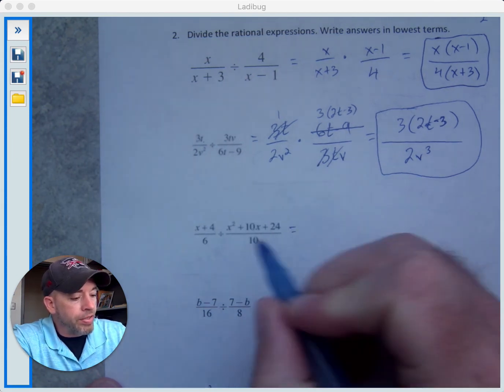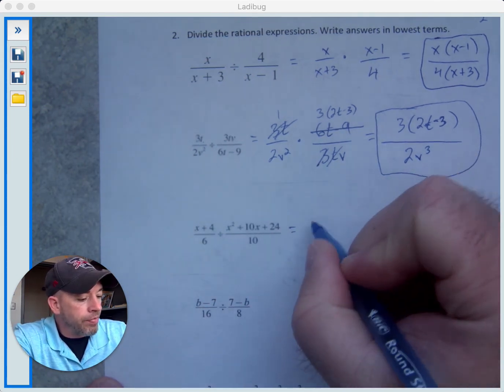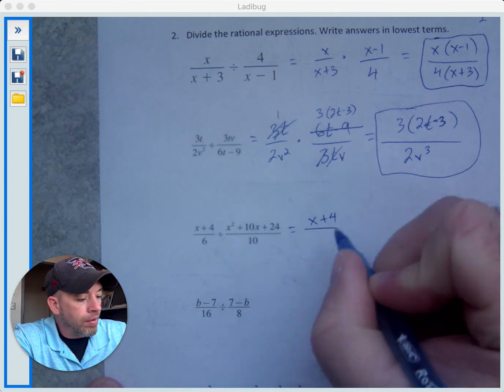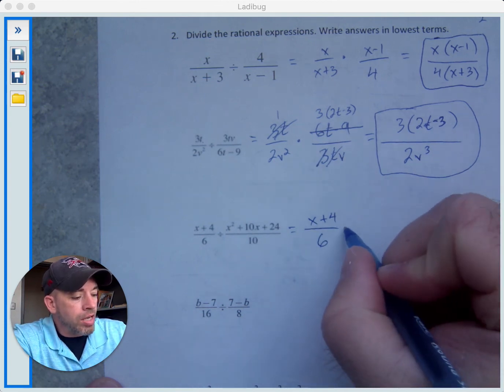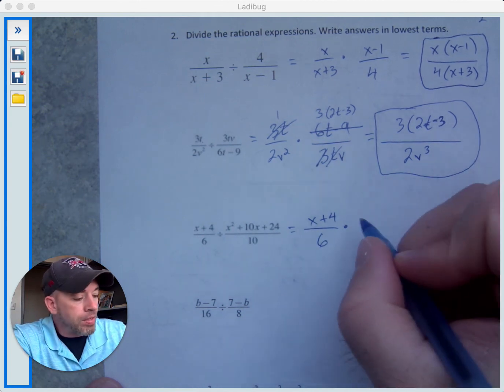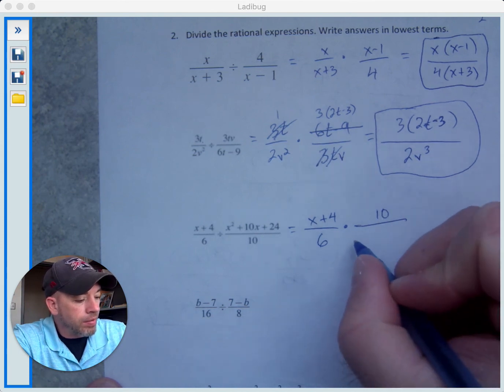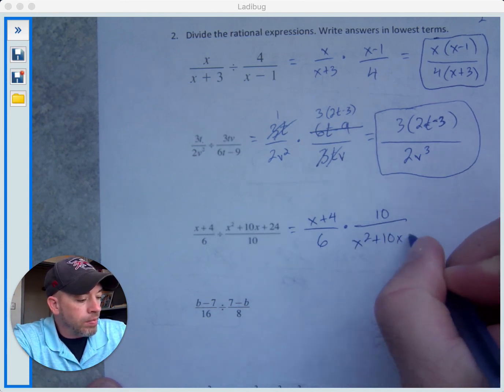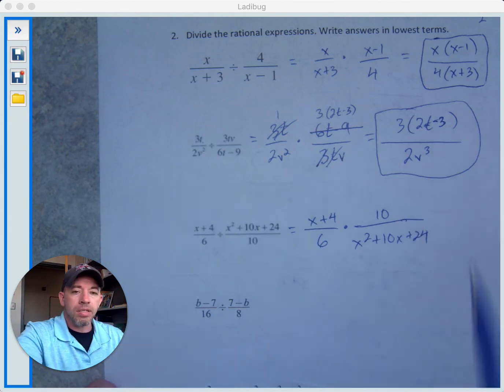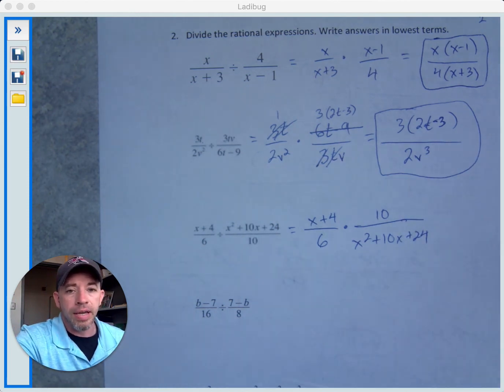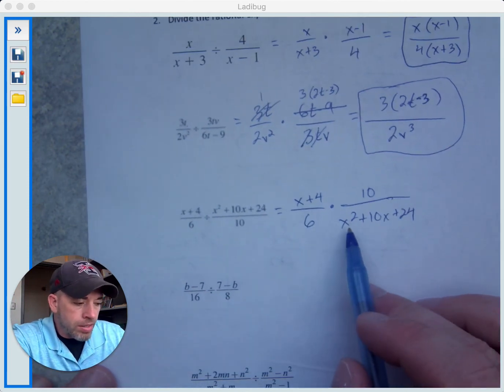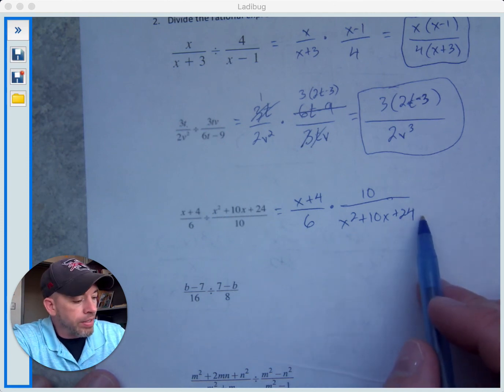All right, division problem. So we keep the first fraction, change division to multiplication, flip the second fraction, and now we can look to see if we can factor or cross cancel or any of that. So I notice this trinomial, I can probably factor it, right?